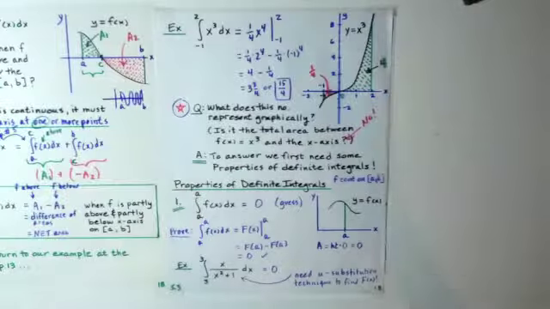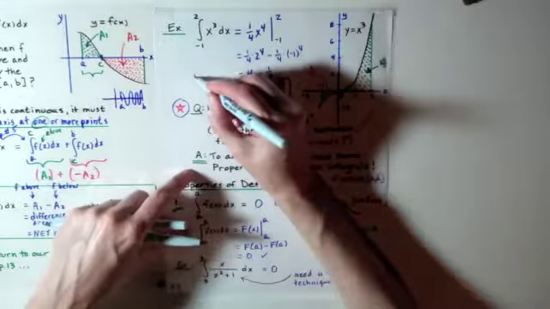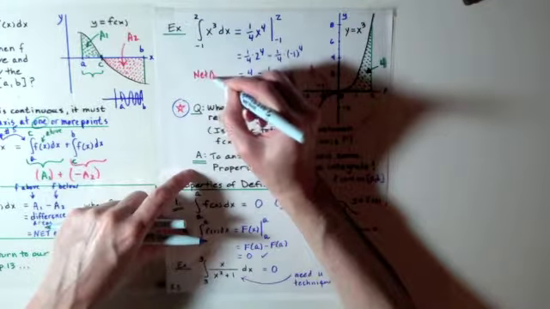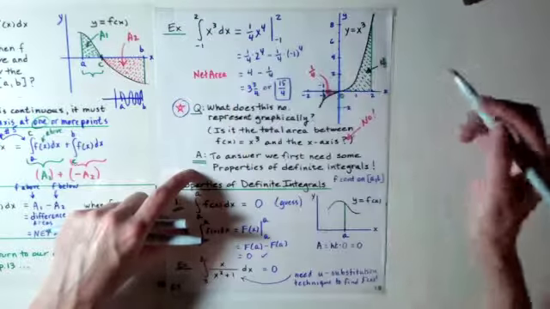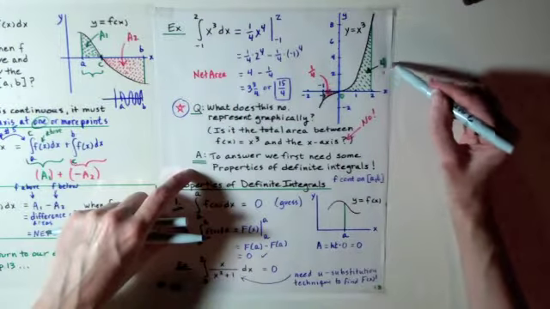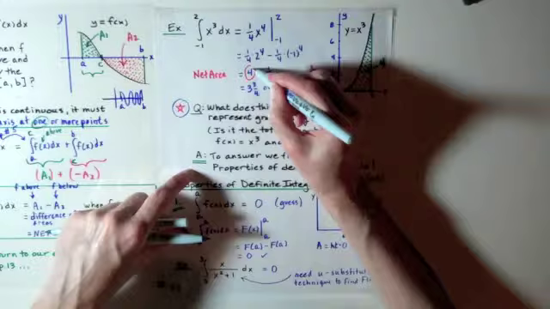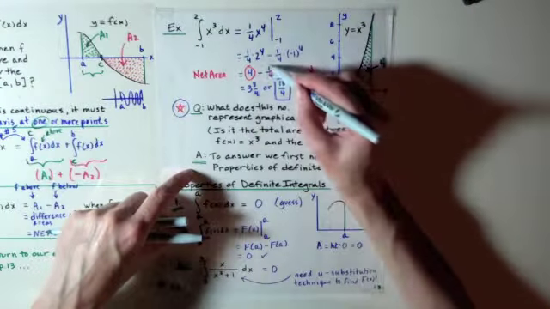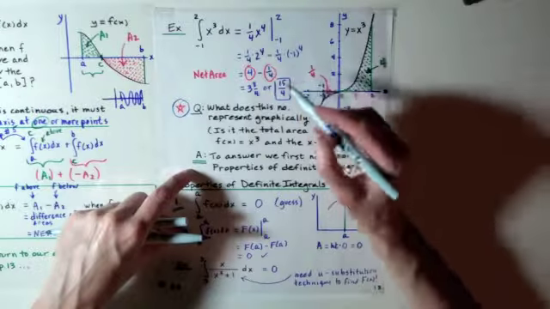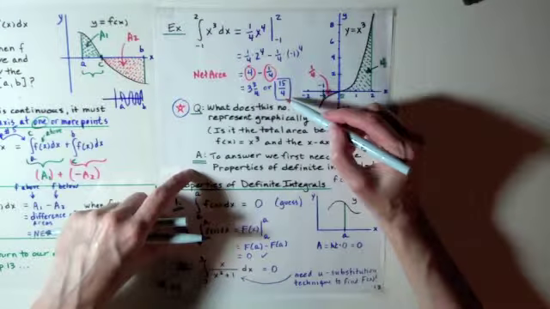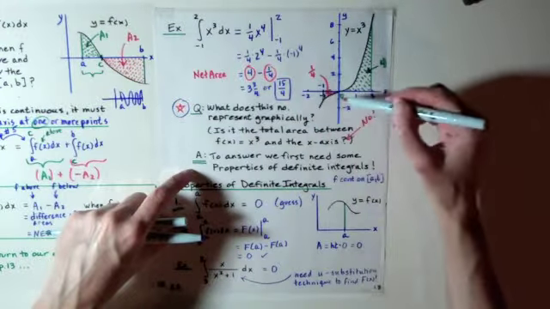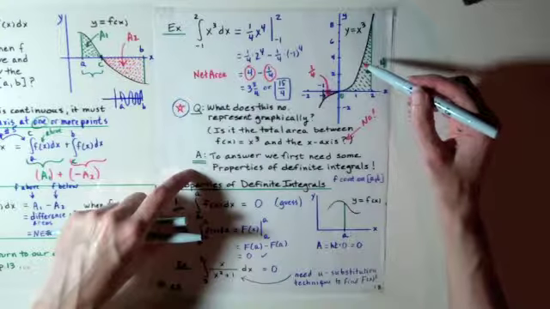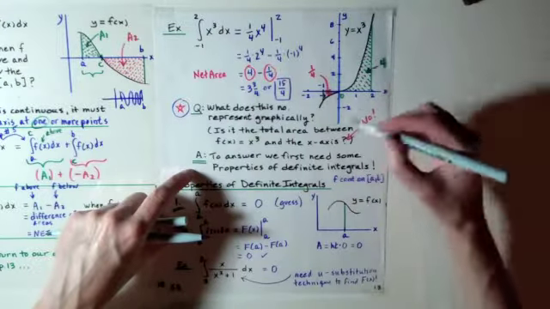So what did we end up with? We ended up really with a net area. It was the area that was above the x-axis, that's the 4 that's right here, minus the area that is below the x-axis. That was the 1/4. So this 3 3/4 or 15/4 does not represent the total positive area. It really represents a difference of areas.